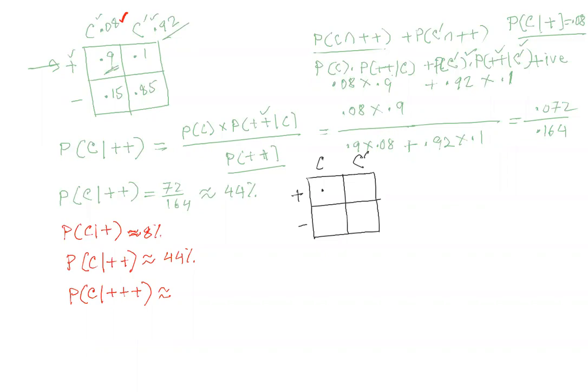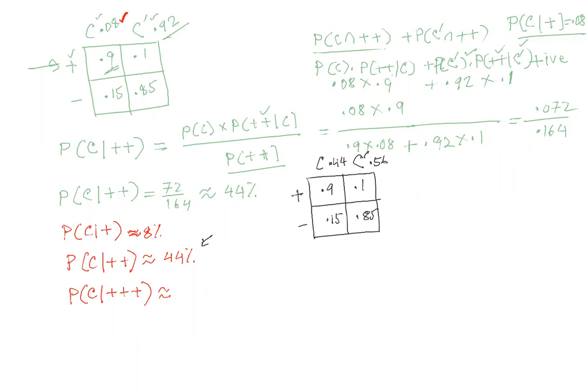Everything is the same assumption wise, 0.1, 0.15, and 0.85. Only difference is that this time we are considering a population that has already tested positive twice. So that means there is a 44% chance that they have cancer, 0.44, and there's a 56% chance that they don't.